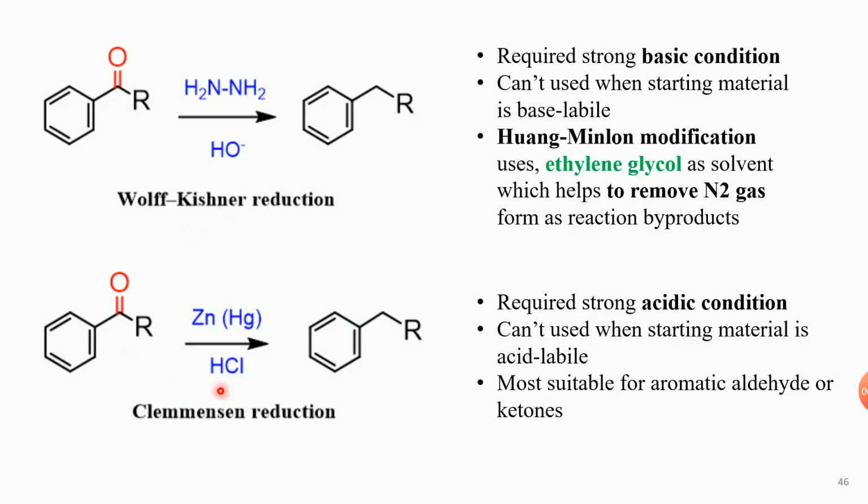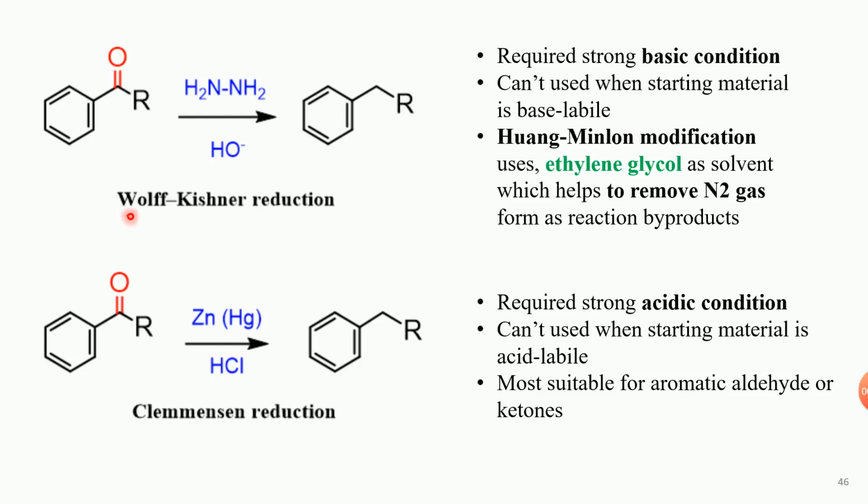Clemmensen reduction is mainly used for starting material which is base labile. Those ketones or aldehydes that can be degraded by the strongly basic condition of Wolff-Kishner reduction are reduced using the Clemmensen reduction.